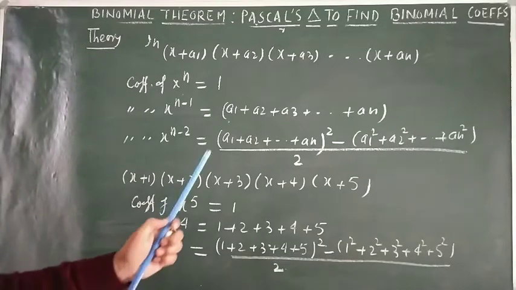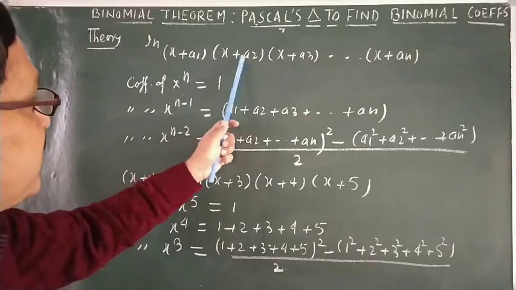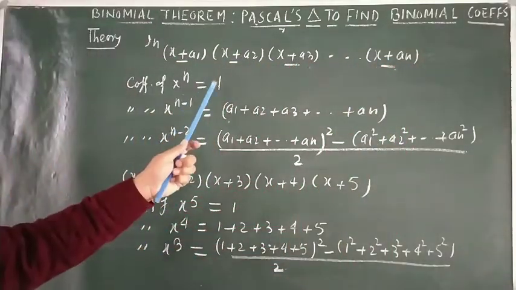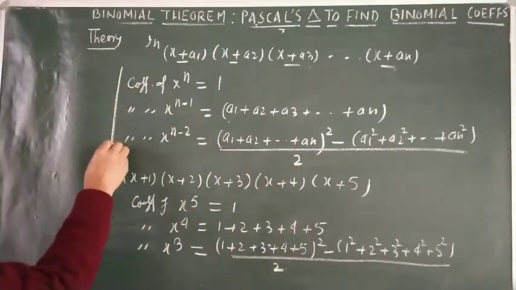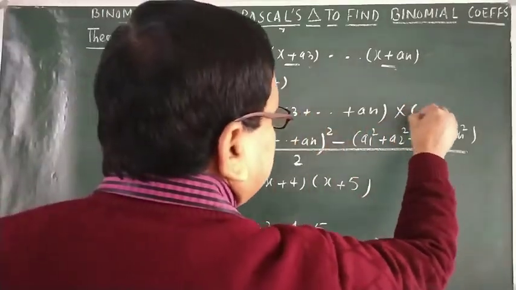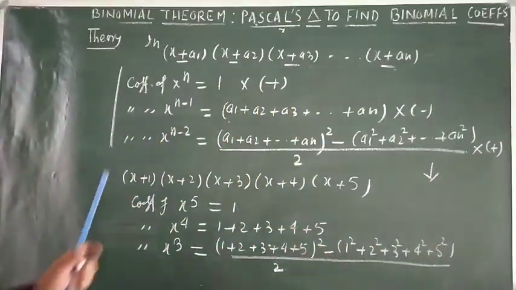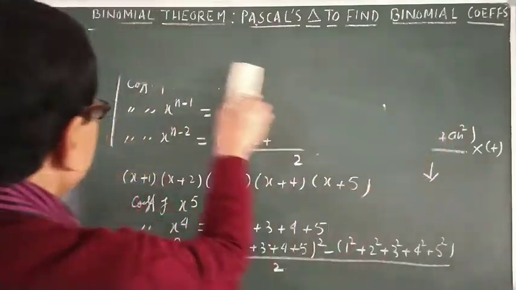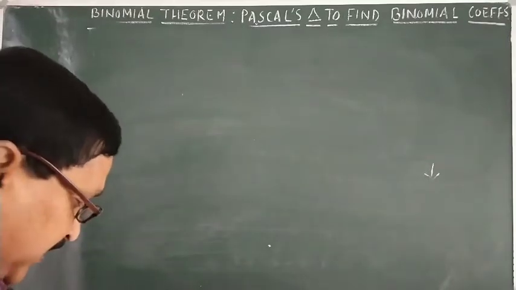Now students remember, in case of negative, suppose negative is given, we follow the alternate plus, minus, plus sign scheme. This will be positive, this will be negative, and again this will be positive, and so on. So successfully I have explained the theory through my video. Now the next problems are being discussed.